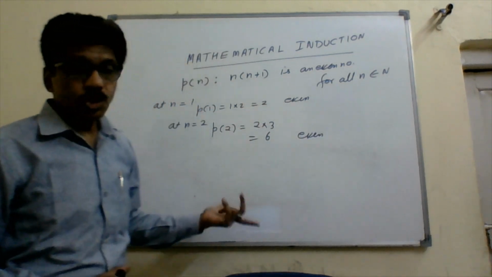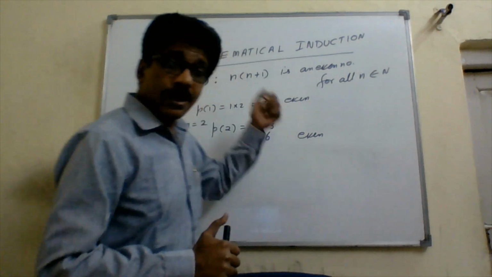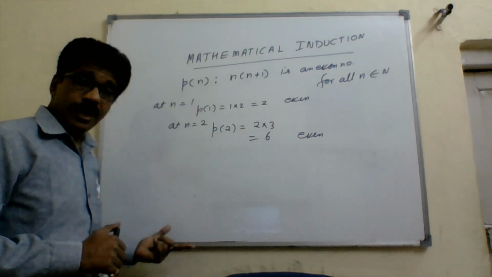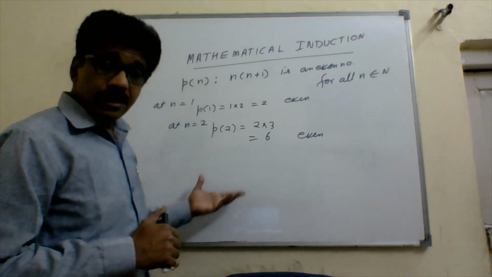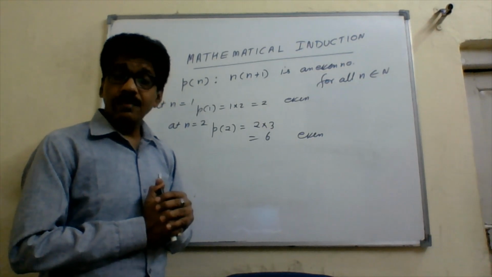But if we have to show this, we have infinite natural numbers, we cannot keep putting the value of n like 1, 2, 3, 4, 5 up to infinity and keep showing that it is always giving an even number.